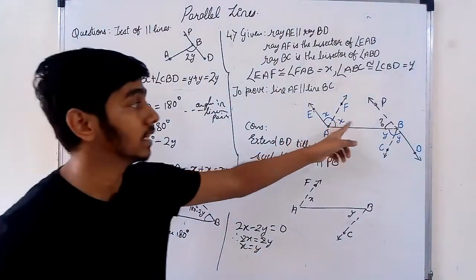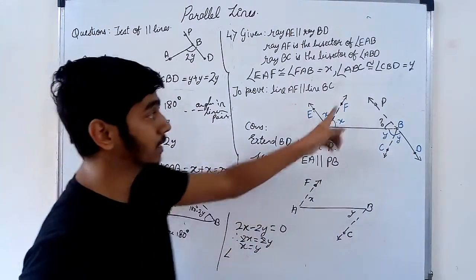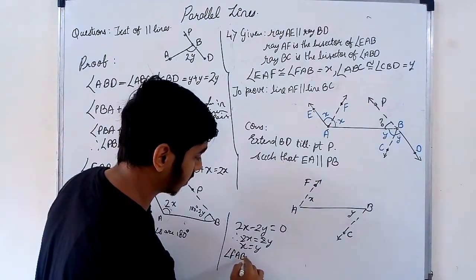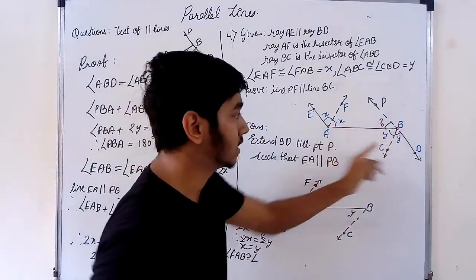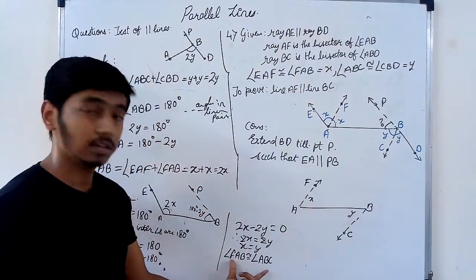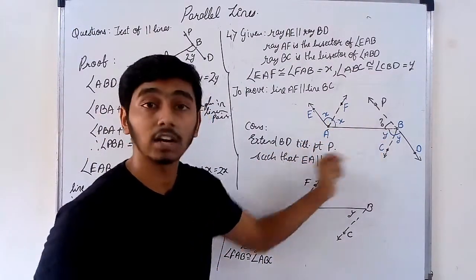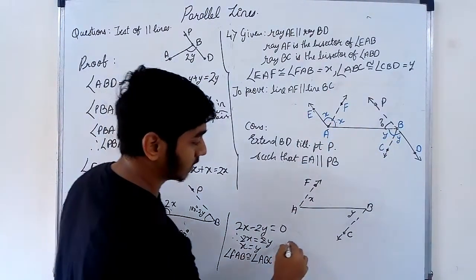Now if x is equal to y, that means FAB is congruent to angle ABC. Correct? So if FAB and ABC are congruent, that means alternate angles are congruent. Therefore, we can say that.